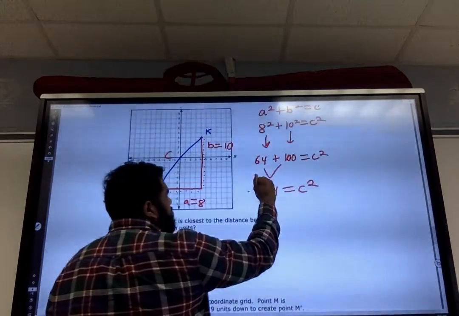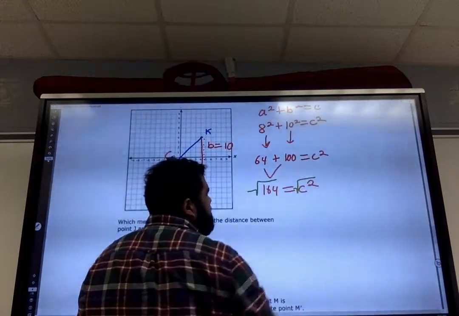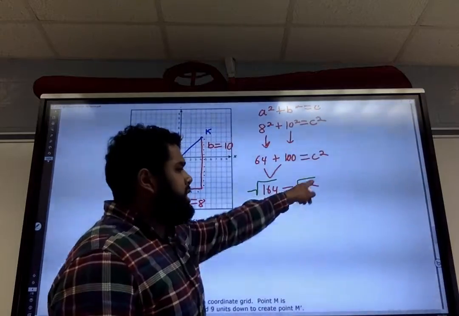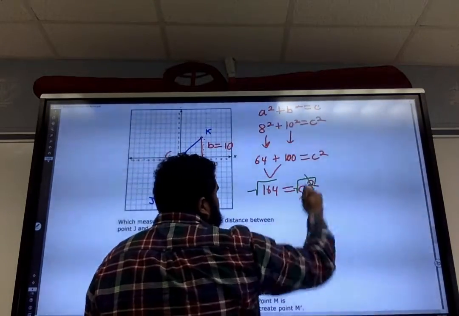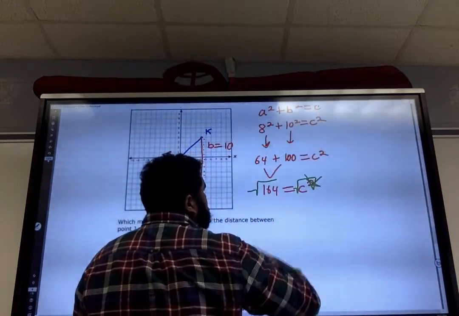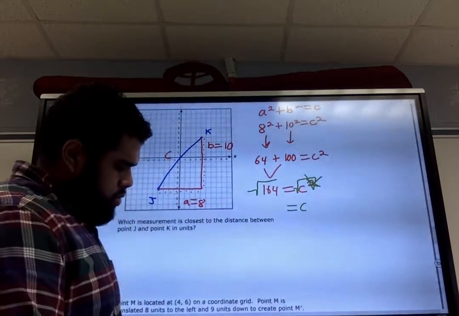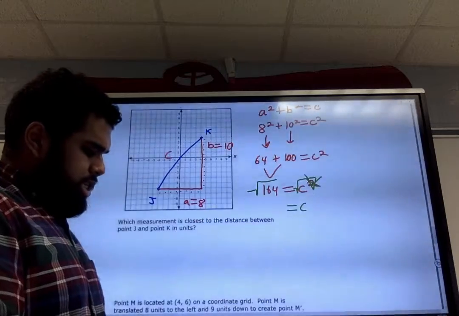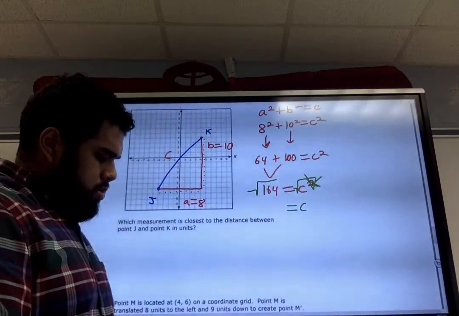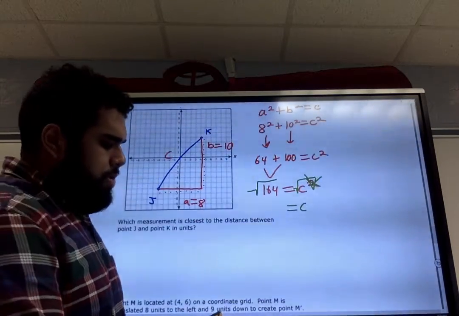And remember, whenever you take the square root of something that's already being squared, they cancel out. So I'm left with the square root of 164, which happens to be, let's see, that would be 12.8.